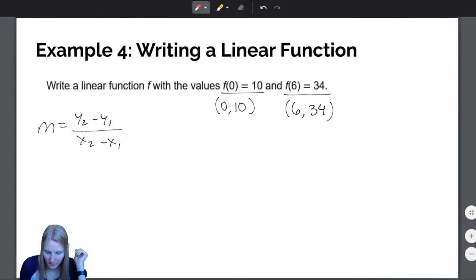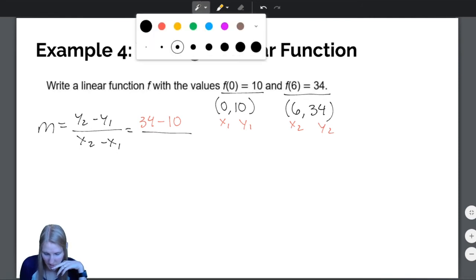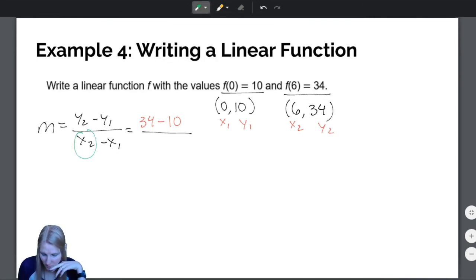So I have x1, y1, x2, y2. And y2 is 34 minus y1 is 10, divided by x2, 6 minus x1, 0.